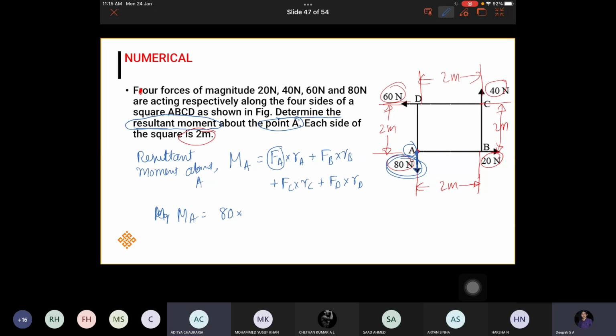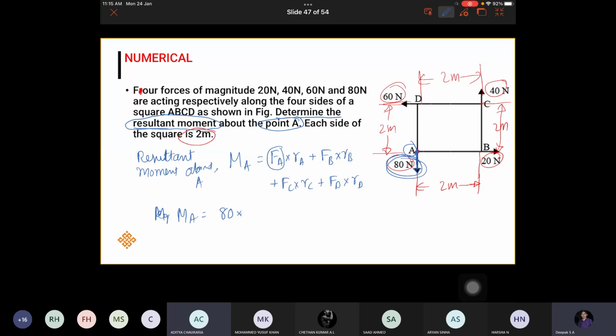Can you repeat, sir? Do you want me to repeat? Yes, sir. See, what is moment? Moment is nothing but the force into the perpendicular distance about the point where the moment is taken. That is M is equal to F into R. This you understood?